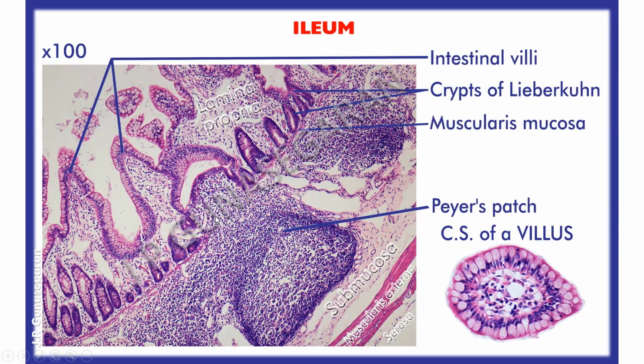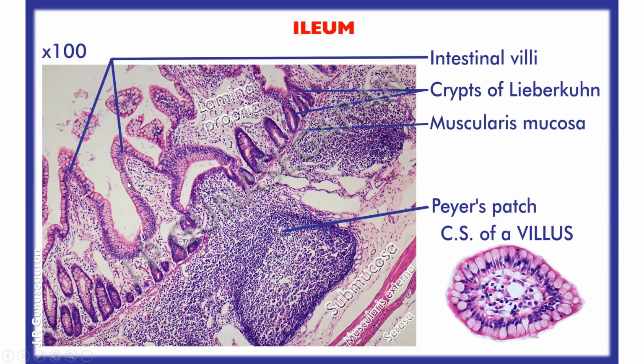This is a photomicrograph of ileum. The mucosa shows small, slender villi lined by simple columnar epithelium with lot of goblet cells. The goblet cells are numerous over here than duodenum and jejunum.